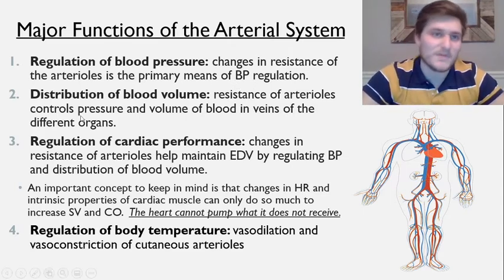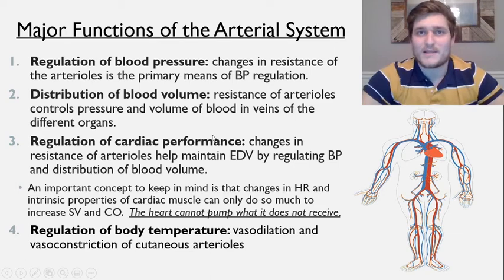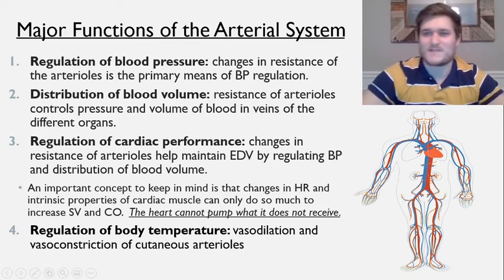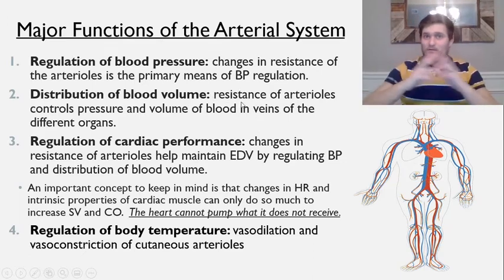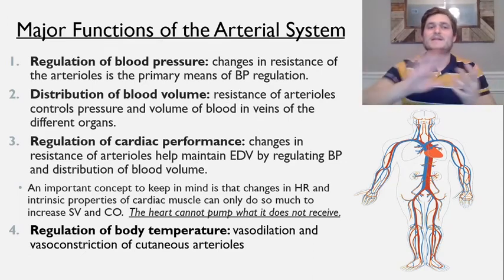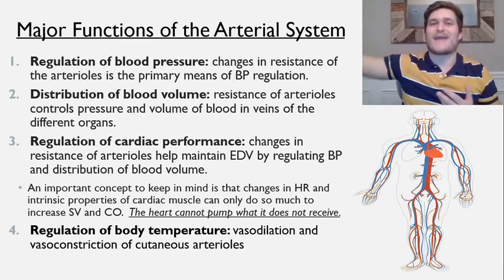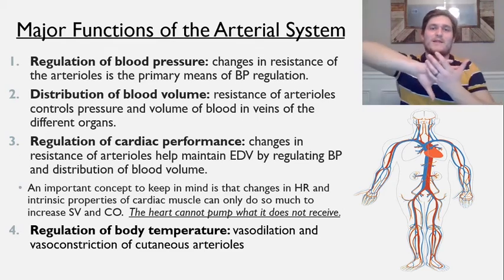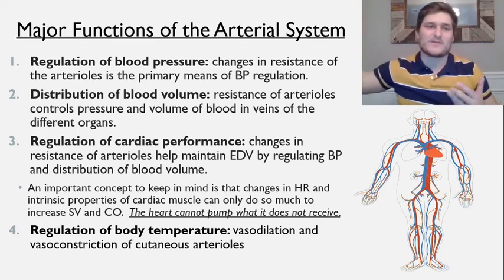The second major function of the arterial system is the distribution of blood volume. Remember that the blood is leaving the left side of the heart and entering this arterial circulation throughout the body. Ultimately, the size of those arterioles is going to dictate how much blood is passing through to the capillaries of certain organs, and therefore how much blood is heading towards the venous circulation.